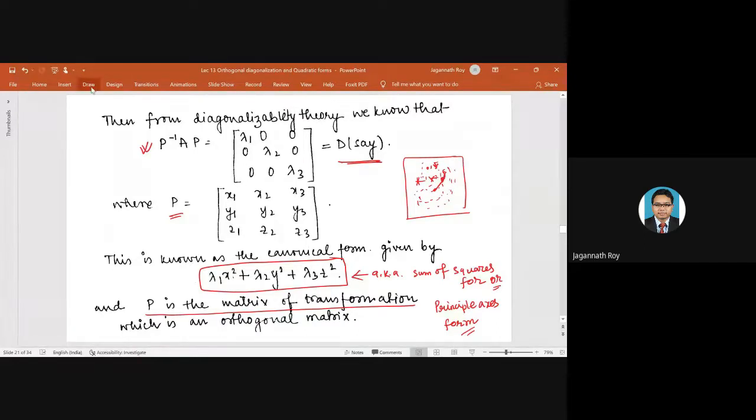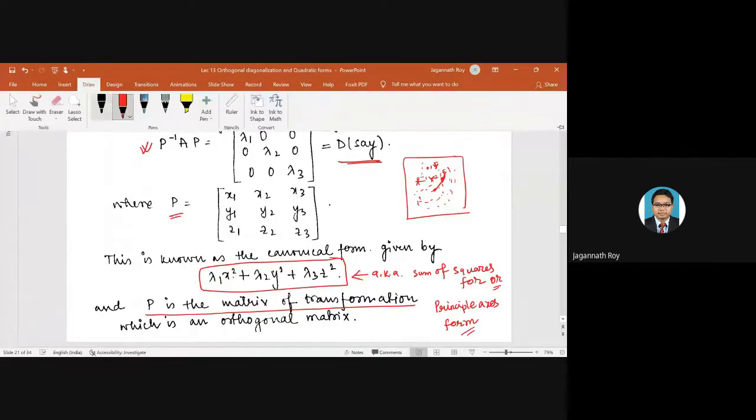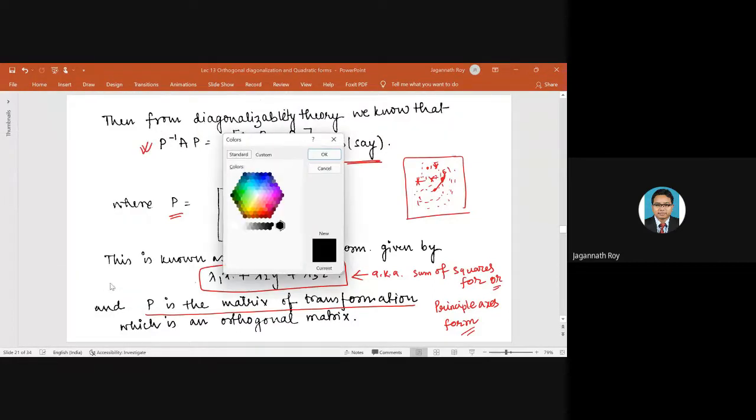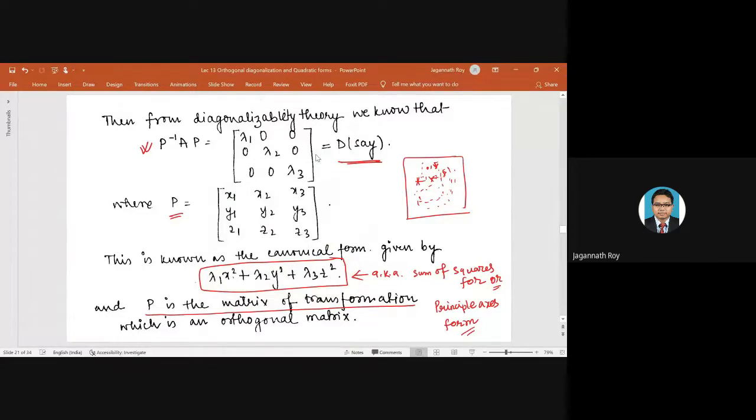Which vectors are in the principal axis? There, you will get which vectors are holding this property Ax equals lambda x.